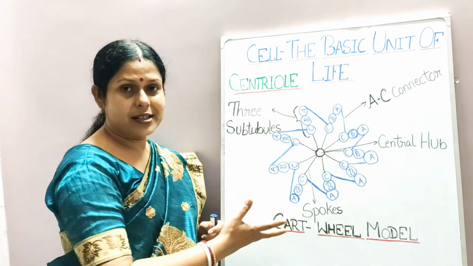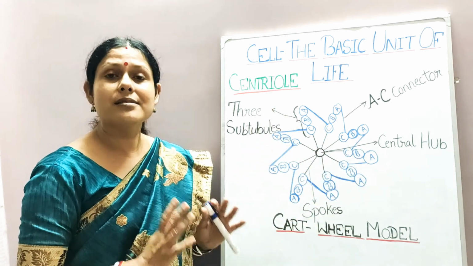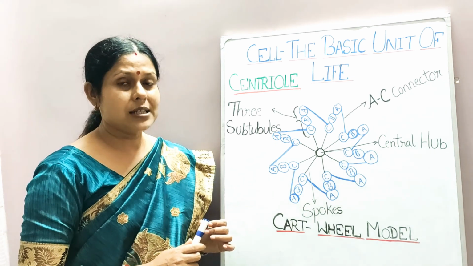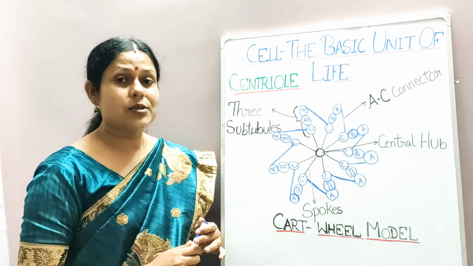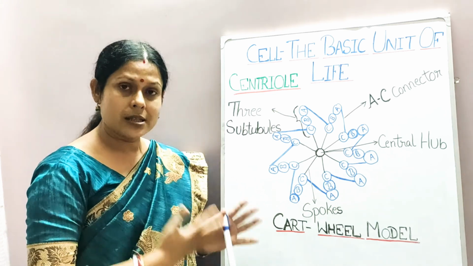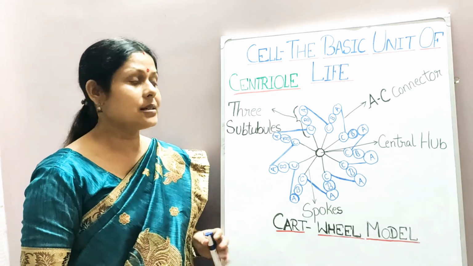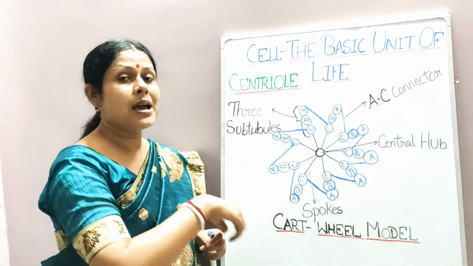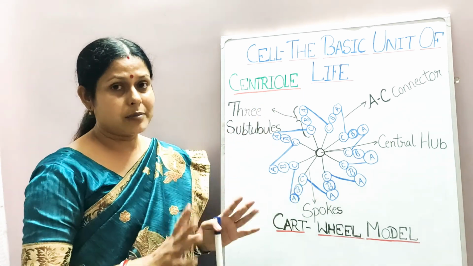So this type of arrangement is known as 9+0 arrangement, whereas in flagella it was 9+2 arrangement. In the center there were 2 microtubules, but here there is no microtubule in the center. There is only a central hub and the peripheral microtubules.